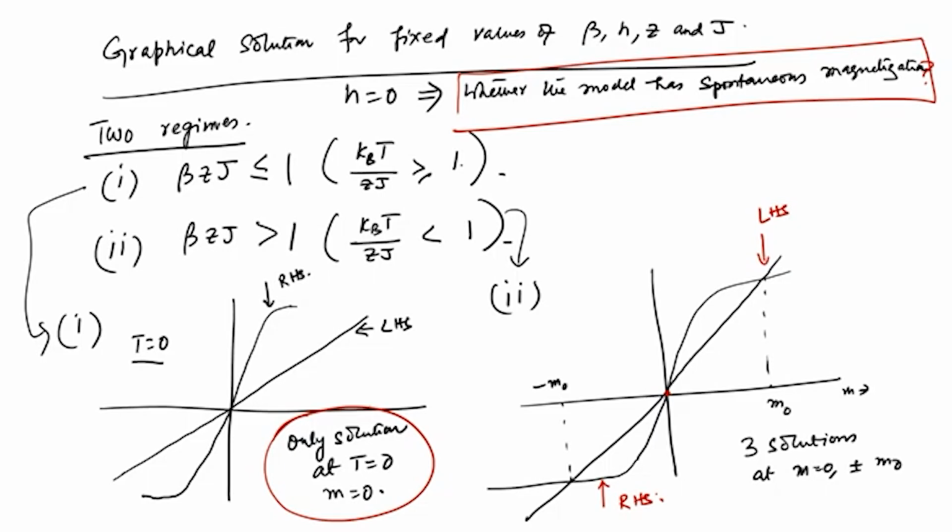And you can see this more cleanly if you take the derivative. So, if you take the derivative d/dm of tanh(beta J z m) and look at this at m equal to 0, you will see that this is greater than 1, or there is just one solution otherwise.